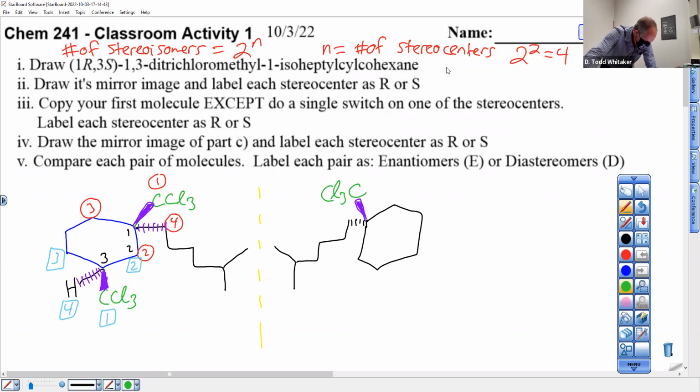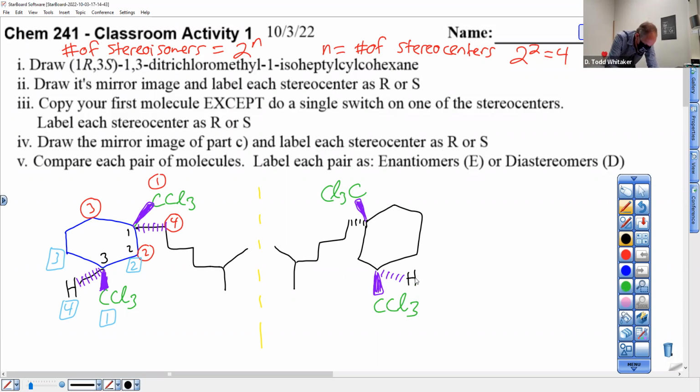And then it looks like this wedge is pretty much straight down off 3. Let's do it straight down off 3. And it's got a CCl3 on it. And the H, it's on a dash, away from the mirror, and a little bit down. It's on a dash, a little away from the mirror, a little bit down.